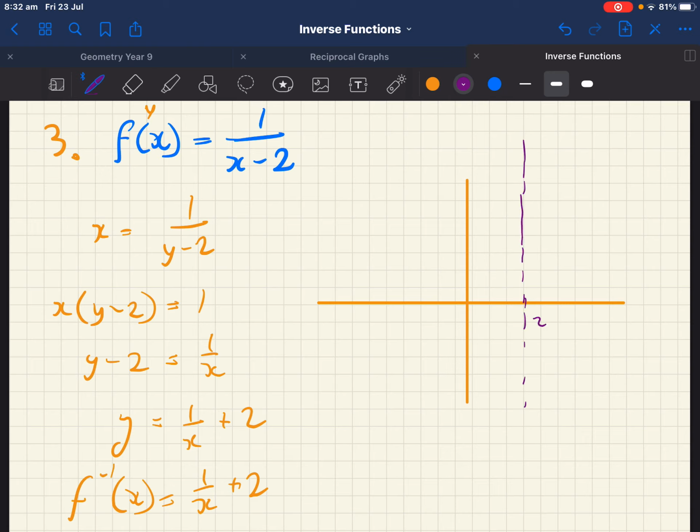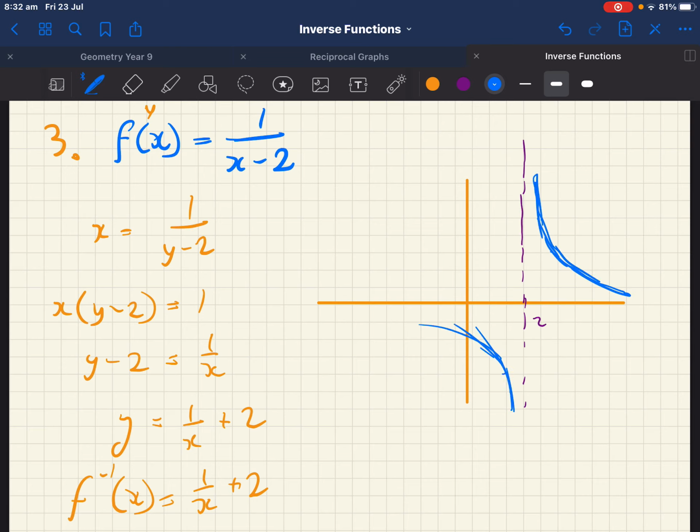There it is, and it's a positive hyperbola. That means the original function, which I'll do in blue, just so we can keep the function and the graph the same color, looked like this. Here and down here.